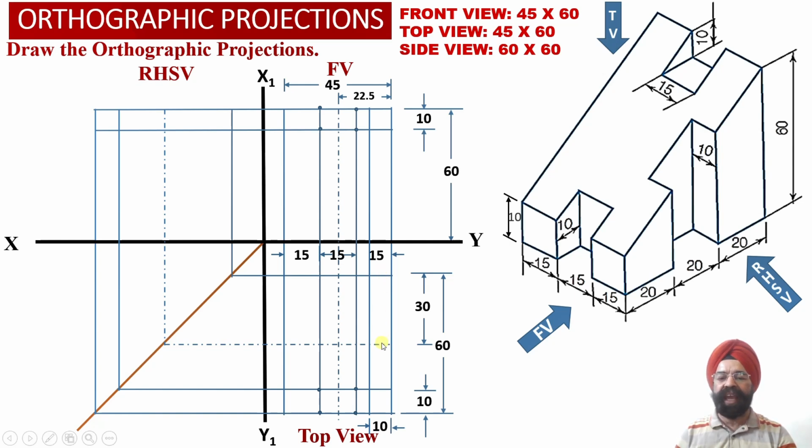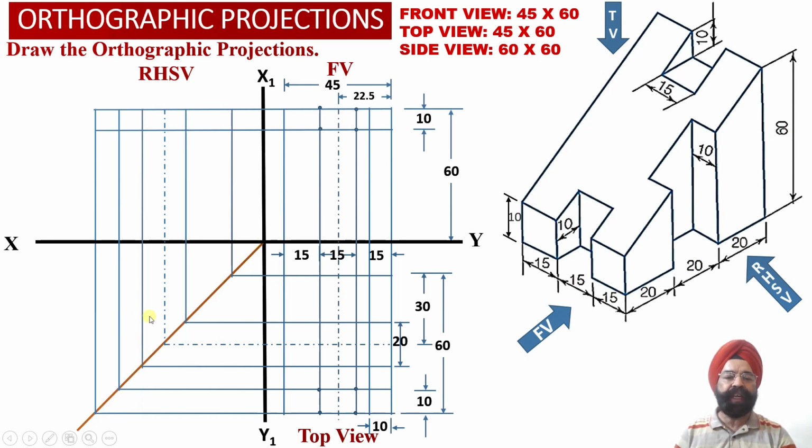We have to take an offset of 10 millimeter below the center line towards the front face of the solid, and these two horizontal projector lines separated by a distance of 20 millimeter we are going to obtain into the top view orthographic projections. And using this transfer line, once again we have appropriately transferred these two horizontal projector lines into the right hand side view orthographic projections over here.